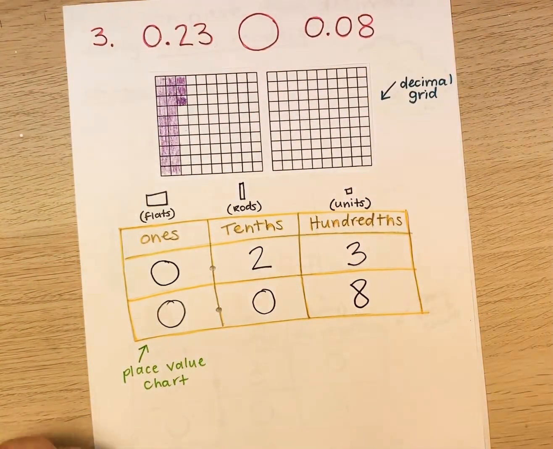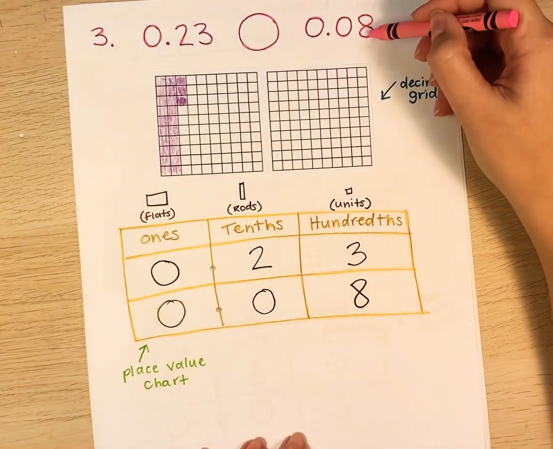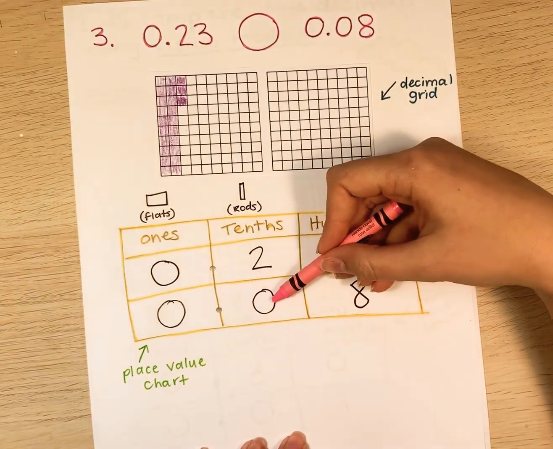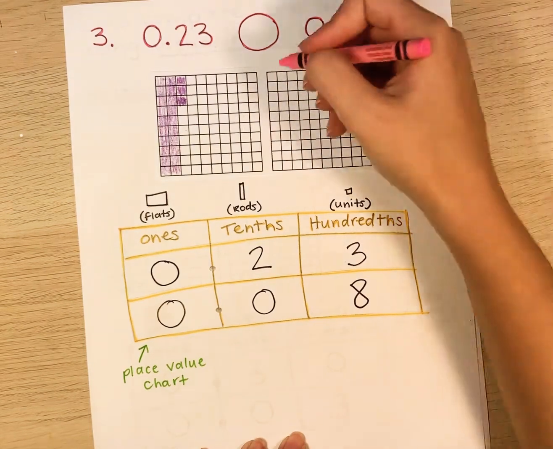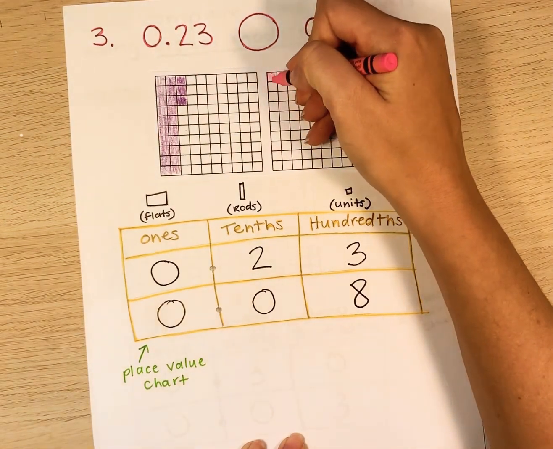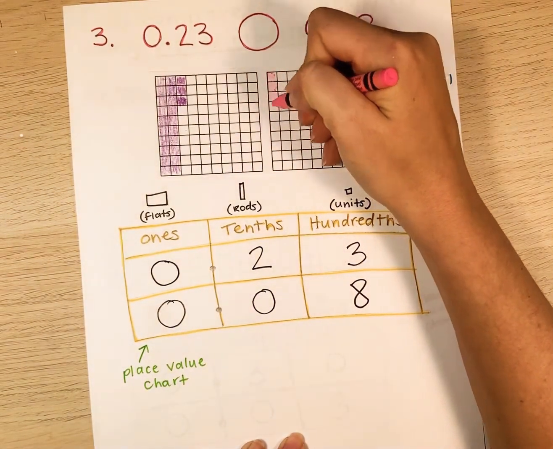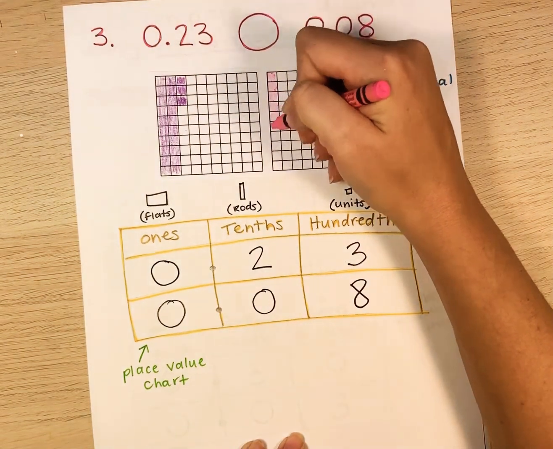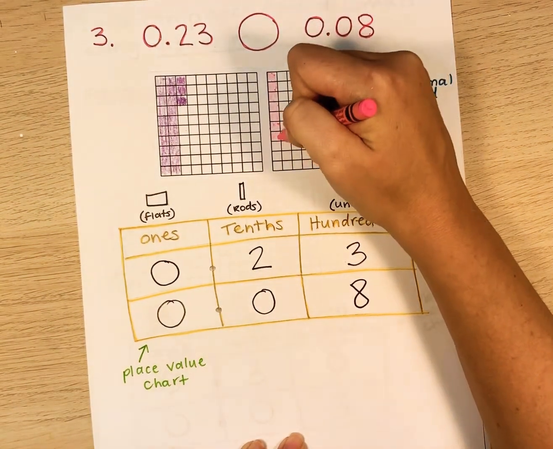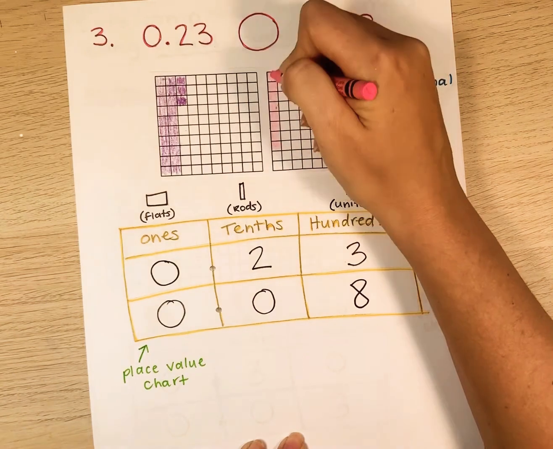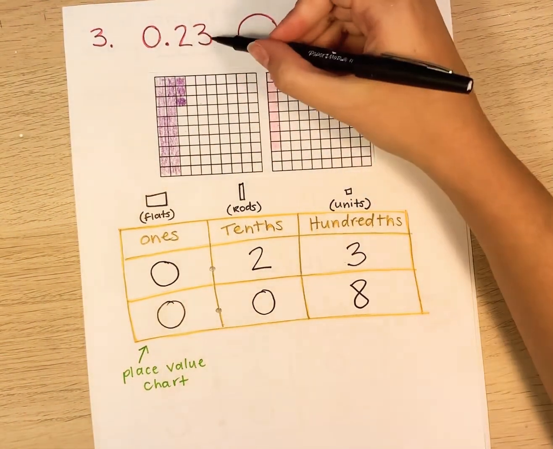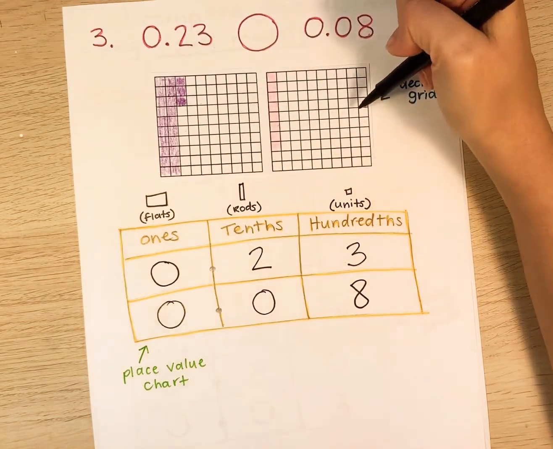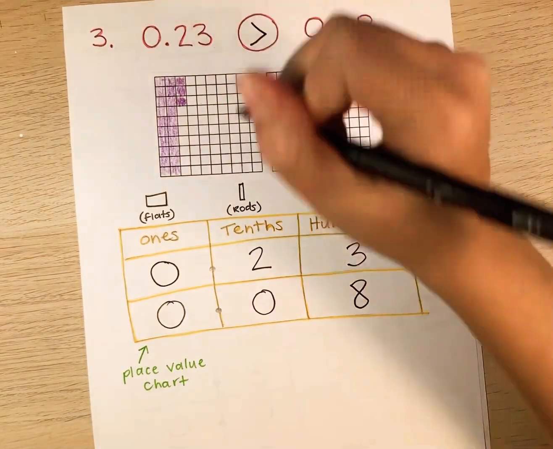For 8 hundredths, I don't have any tenths, so I'm not going to have any rods, but then I have an 8 in my hundredths column, so I'm going to need 8 units. So 1, 2, 3, 4, 5, 6, 7, and 8. Now we know that 23 hundredths is greater than 8 hundredths, so we're going to place the greater than sign.